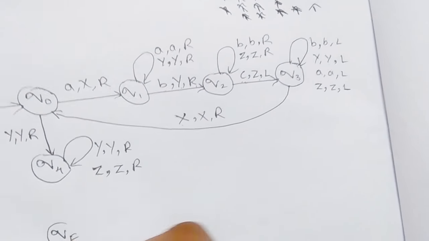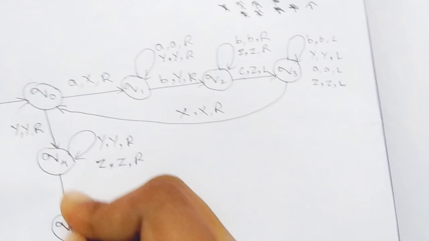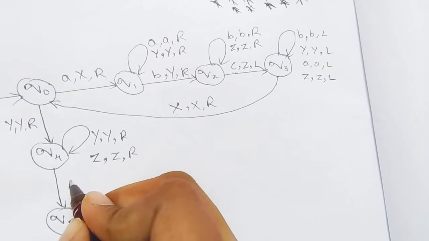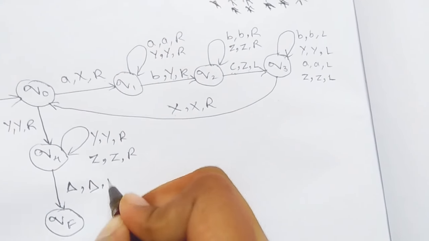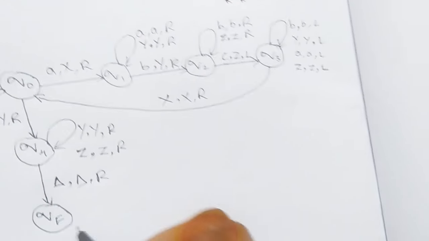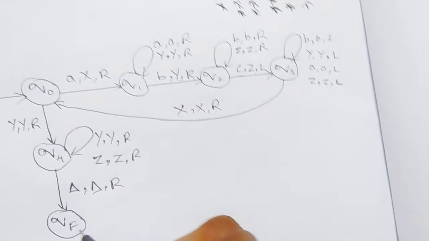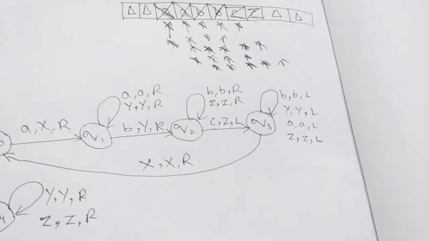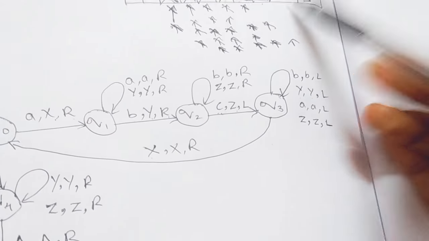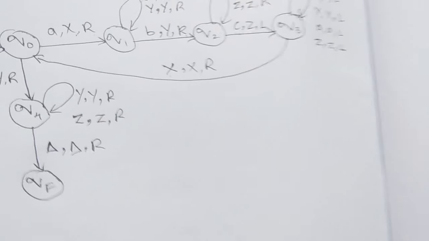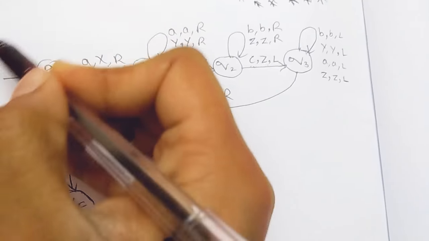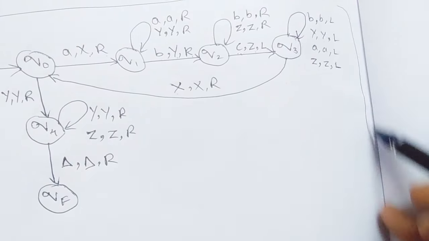Therefore I have qf as the halt state because delta is the blank character and I'll halt it. Therefore delta will be replaced with delta and move to right or left, it doesn't matter now because it is after all the halt state. Whenever there is delta, delta will be replaced with delta and it will move to halt state. Therefore this is our Turing machine.